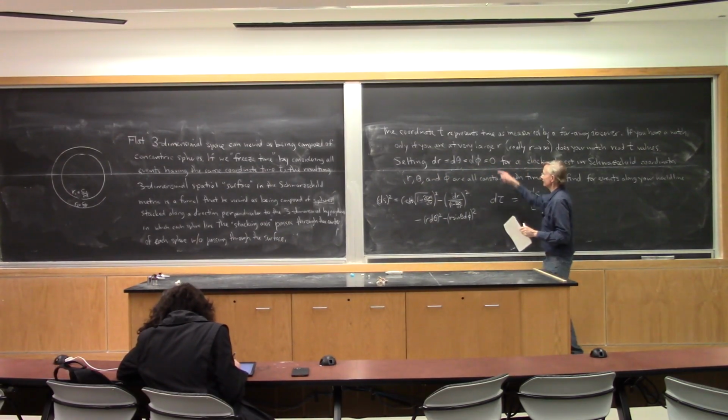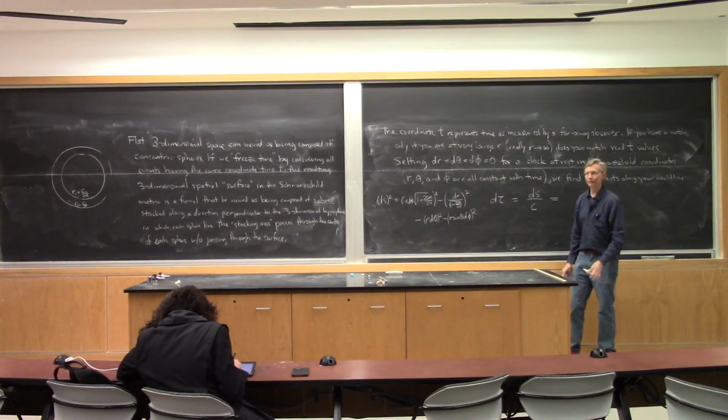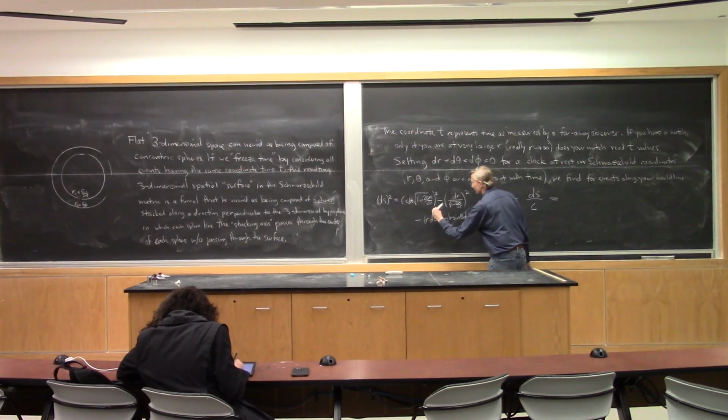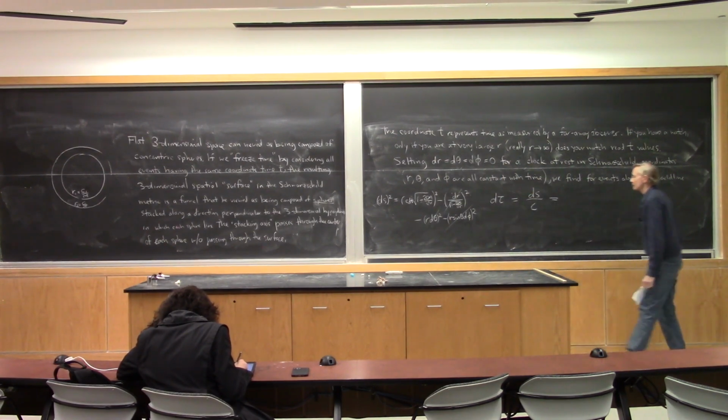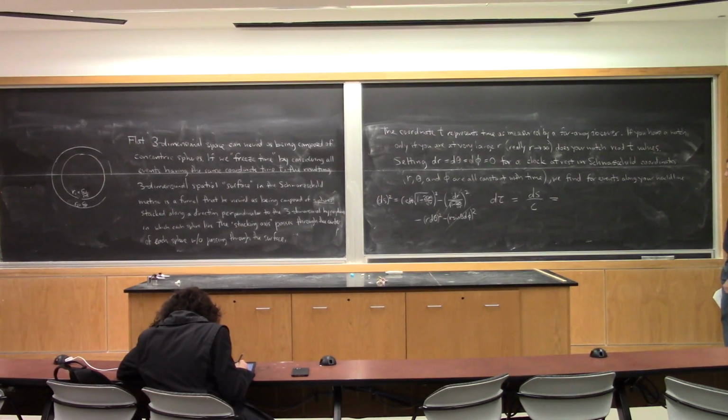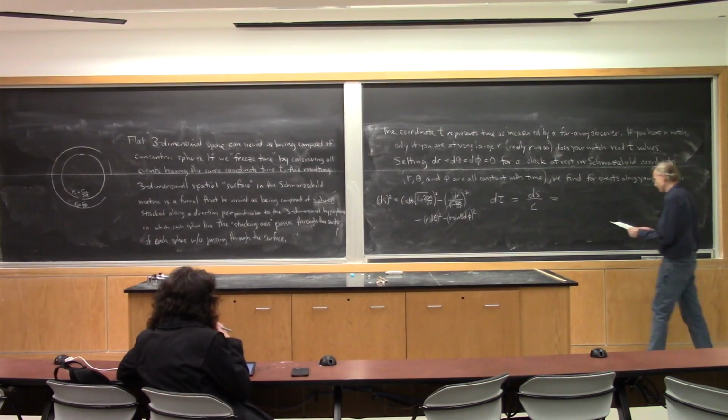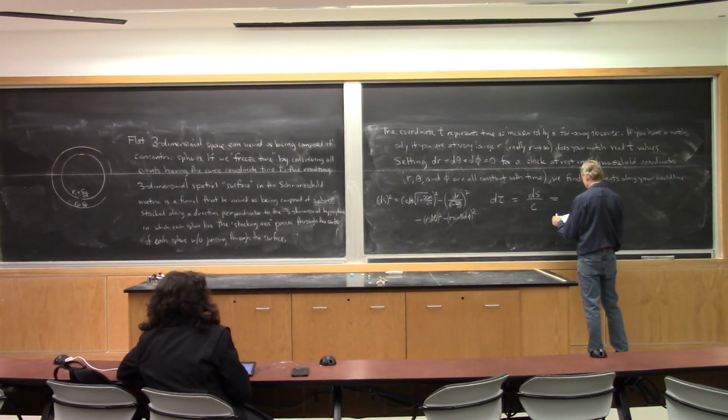But dr, d theta, and d phi are all 0 here. So along this world line, those all go away. So ds squared is c squared dt squared times the square root, all squared. So ds over c itself is just going to be dt times the square root.